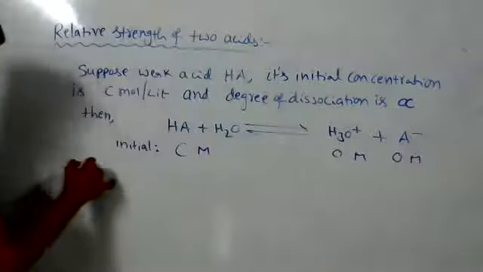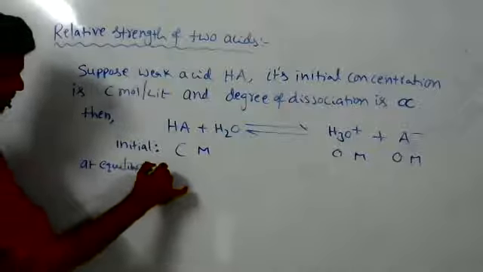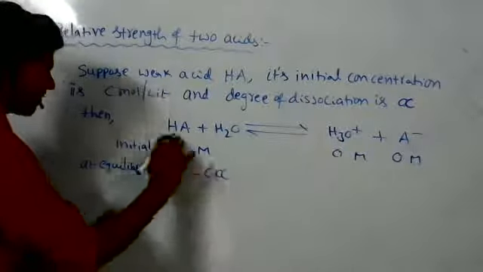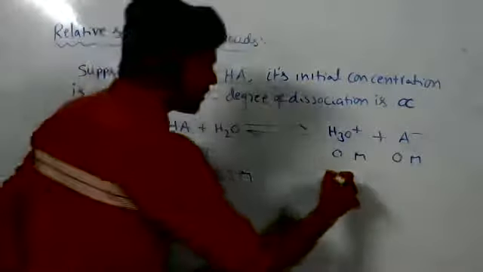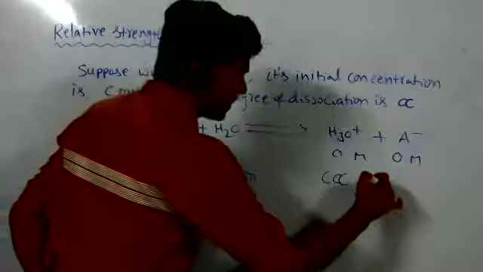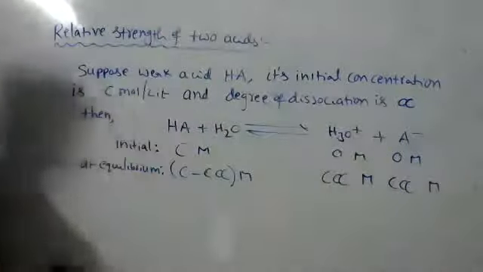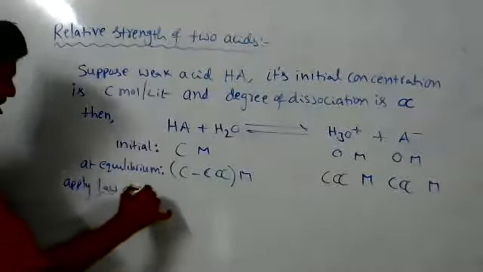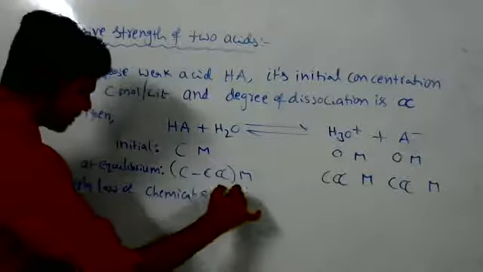At equilibrium, C minus C alpha, so C alpha amount of HA is undergoing ionization. C alpha amount of H3O⁺ and C alpha amount of A⁻ are also produced. Apply the law of chemical equilibrium. So we should write all these things.